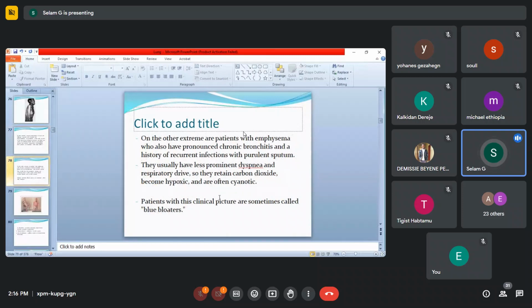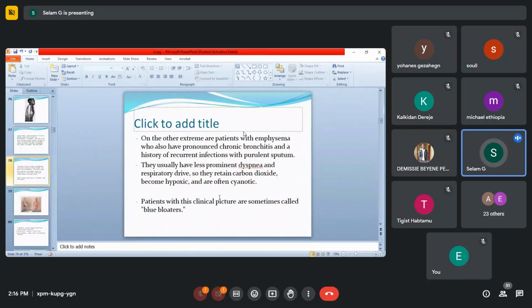On the other extreme are patients with emphysema who also have pronounced chronic bronchitis. As we said, emphysema and chronic bronchitis are usually seen in the same patient, and we call them COPD. Chronic bronchitis and a history of recurrent infection with purulent sputum.